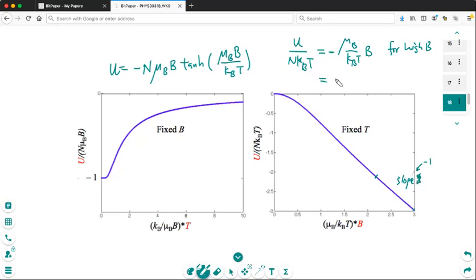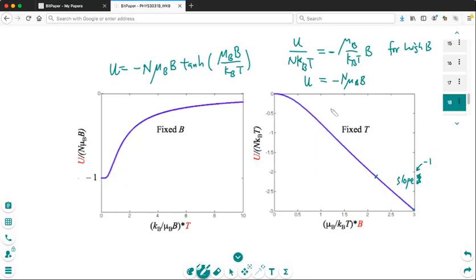At high field, your energy U becomes minus mu B times N. This is again a very cool picture.